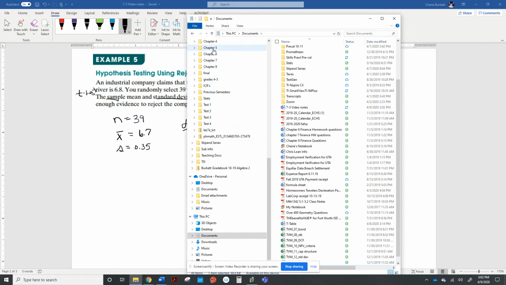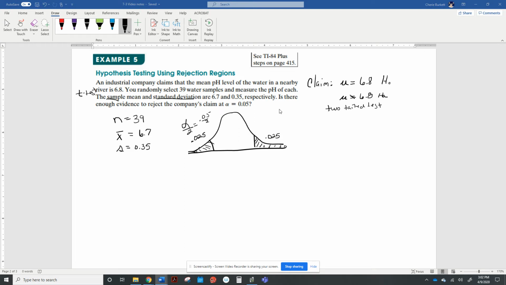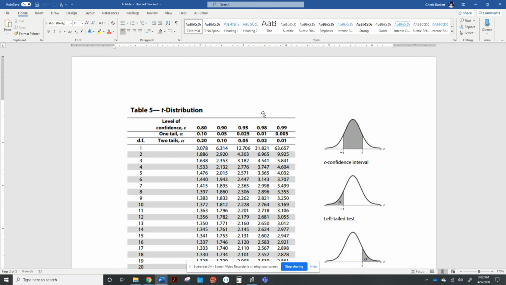Let's see, I think T is in chapter 6. I'm doing a two-tail test, and the two-tail test that they gave me was 0.05.